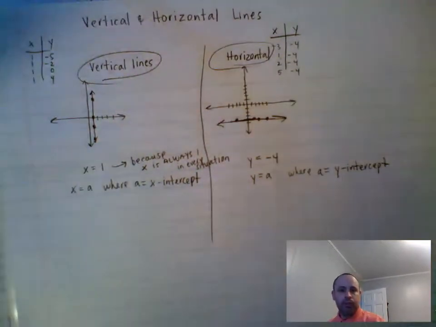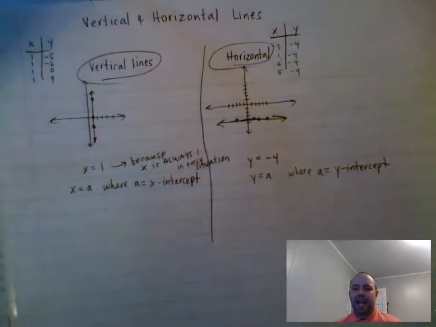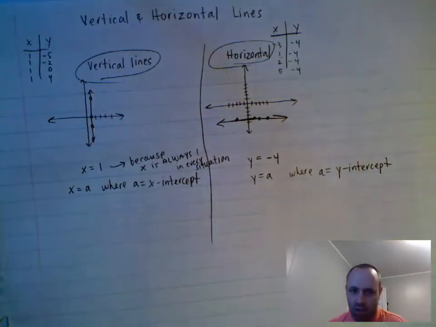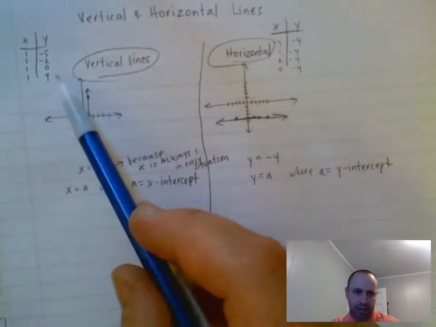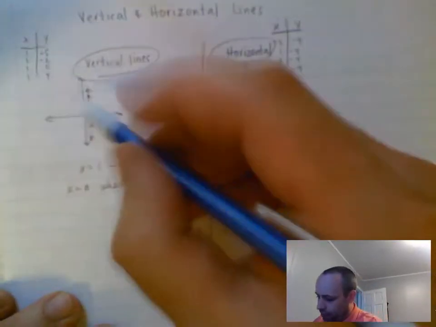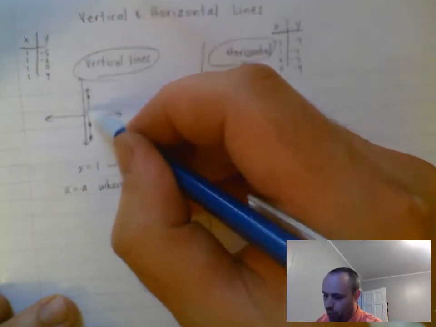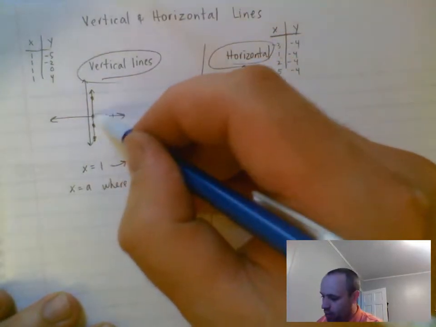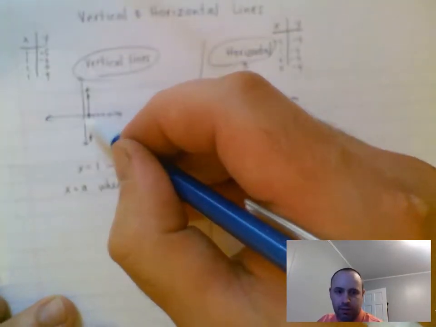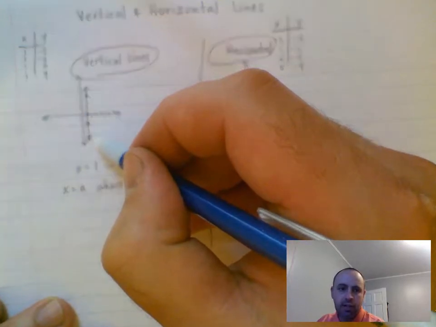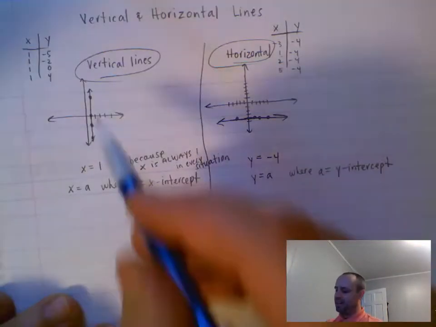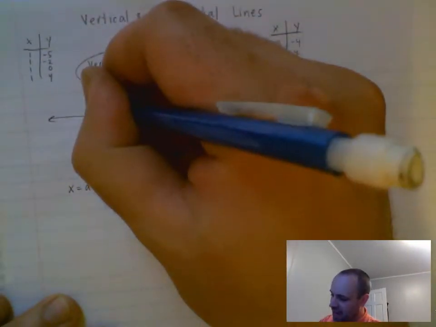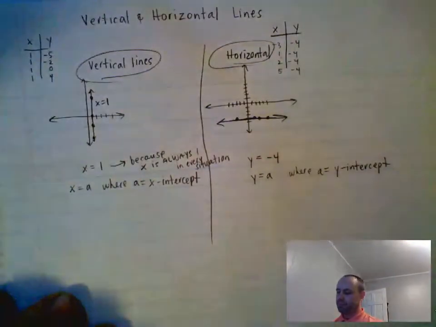Think of it like x equals 1 because x is always 1. x is 1 here, x is 1 here, x is 1 here, x is 1 here. And on our graph, x is 1 here, it's (1, 4) or something like that, then (1, 0), then (1, -2), then (1, -5). So x is always 1. So we've got to think of that line. This line is x equals 1.